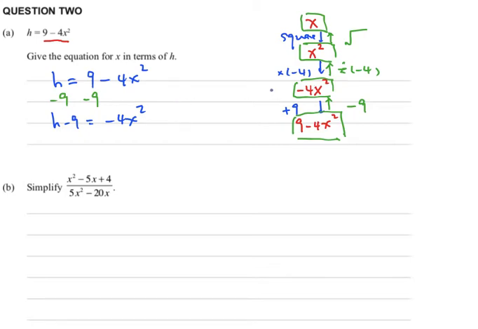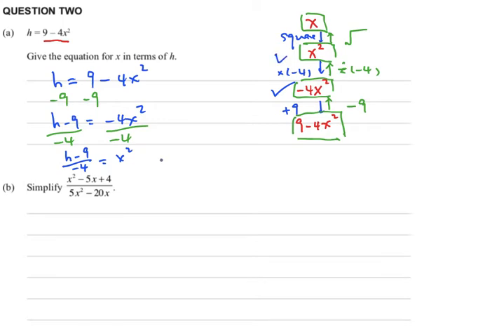Now we want to get rid of that times -4, so we're going to divide by -4. So x squared equals h minus 9 over -4. You can leave it as it is, and that's fine. It's not changing anything. So we got this one done.